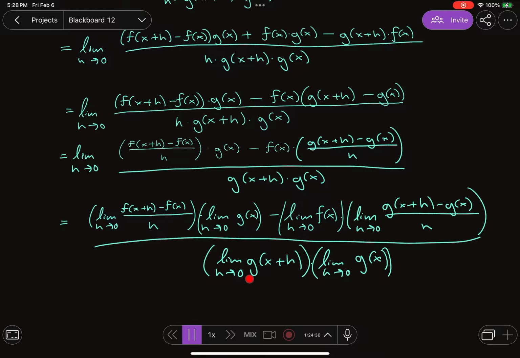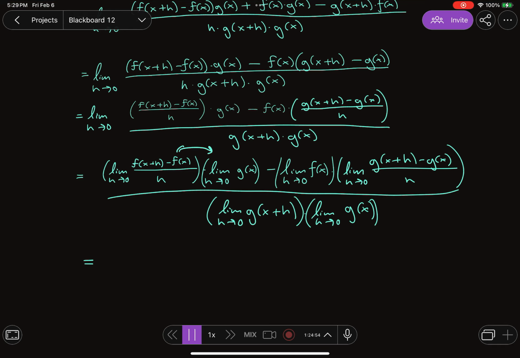So what we have at the end of it all, I'll use the commutative property here too. So this limit first. This is f prime of x times g of x. So again, I just swapped this one. That's f prime of x. This thing right here, that's g of x. Minus f of x times g prime of x.